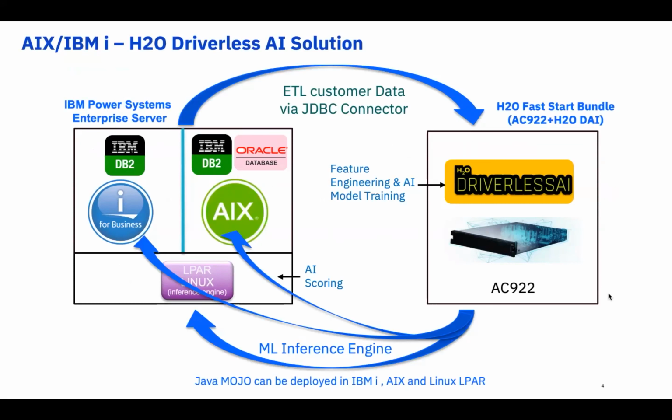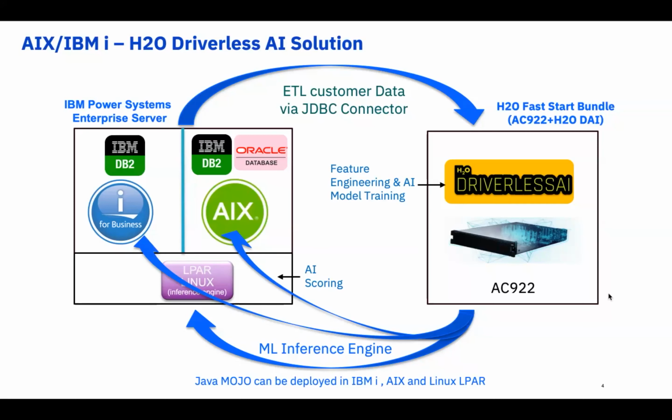So this is the global picture of what I'm going to introduce. IBM i or AIX applications have the data, which is really the new oil. The solution I'm going to introduce is a way to use intensively the data you already have on such IBM i or AIX environments and create value for the line of business, for instance a predictive or scoring engine based on machine learning techniques.